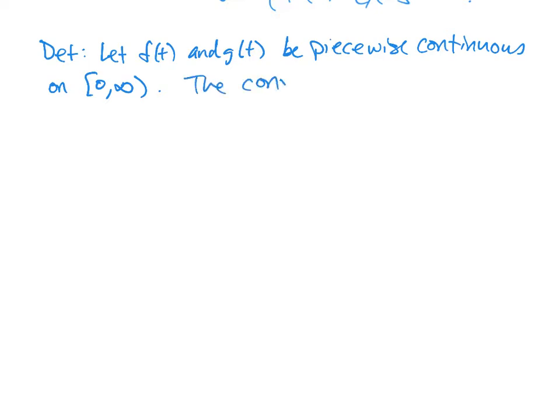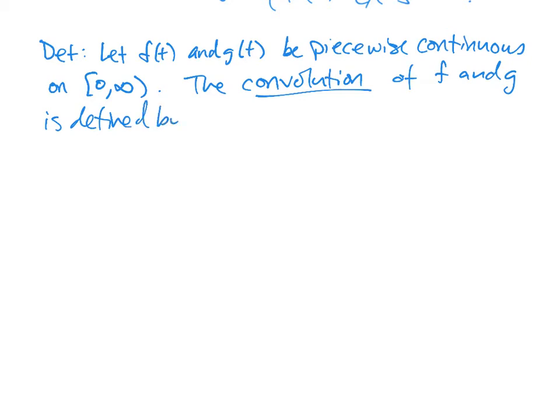The convolution of f and g is defined by, the way we write it, f star g of t.